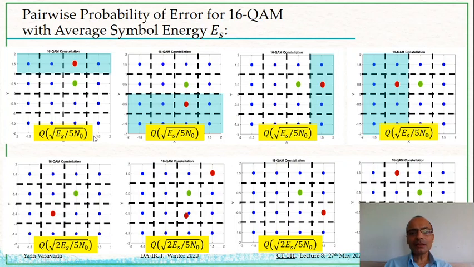We can go one step further and say that let us also evaluate the probability that this green symbol gets mistaken as the other 4 adjacent symbols which are on the corners, and you will see that the distance between the green and this red is square root of 2 Es divided by 2.5, and so the error probability becomes Q function of square root of 2 Es divided by 5 N naught.